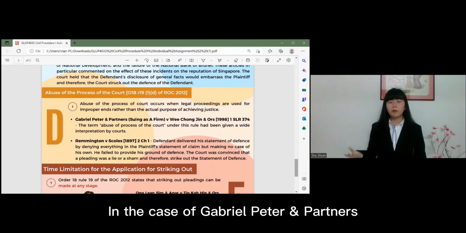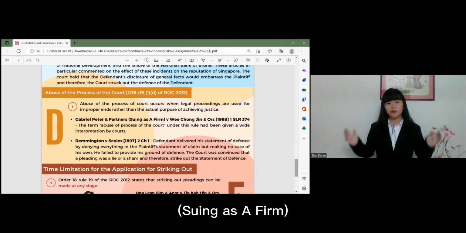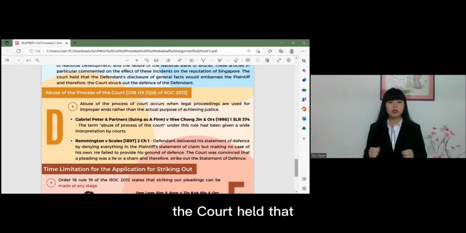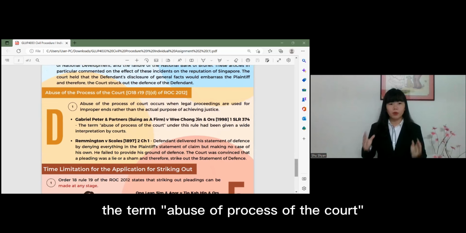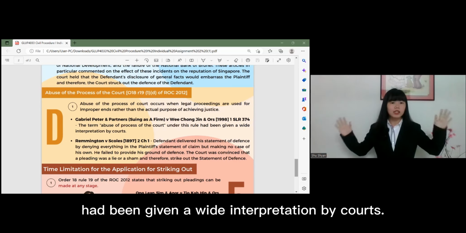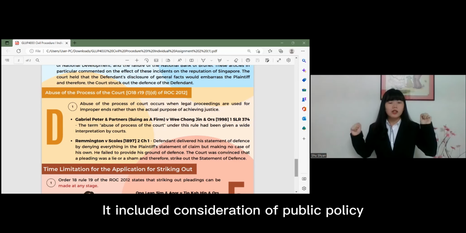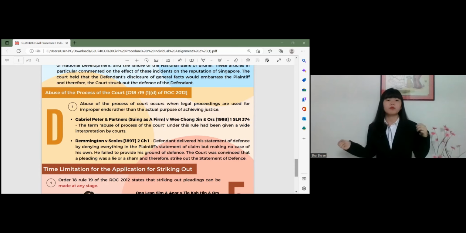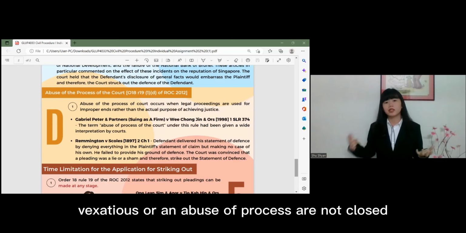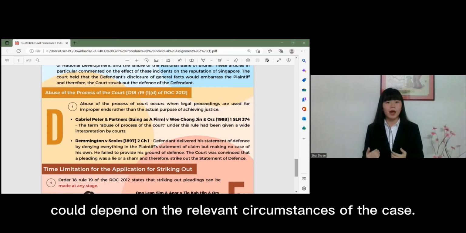In the case of Gabriel Peter and partners suing as a firm versus Wee Chong Jin and others, the court held that the term abuse of process of the court under this rule had been given a wide interpretation by the courts. It included considerations of public policy and interest of justice. The categories of conduct rendering a claim frivolous, vexatious, or an abuse of process are not closed and could depend on the relevant circumstances of the case.